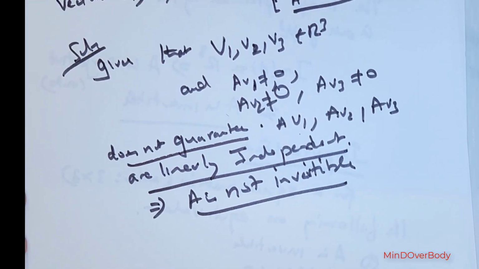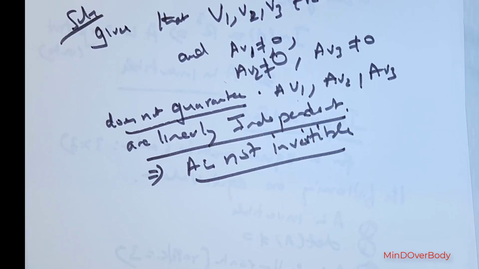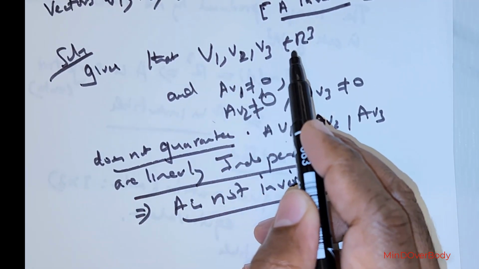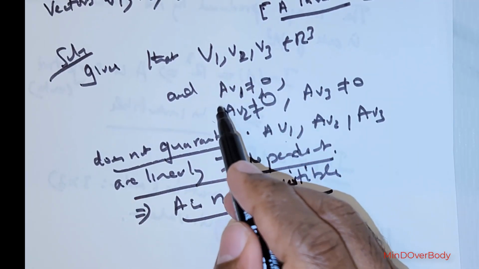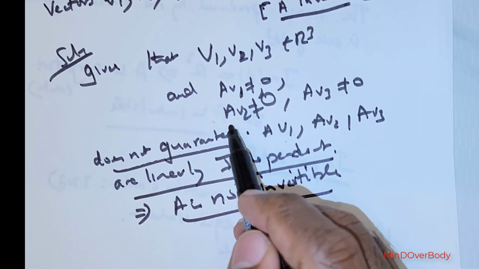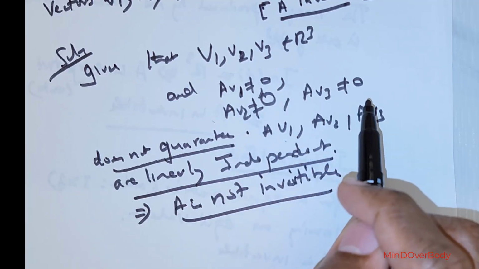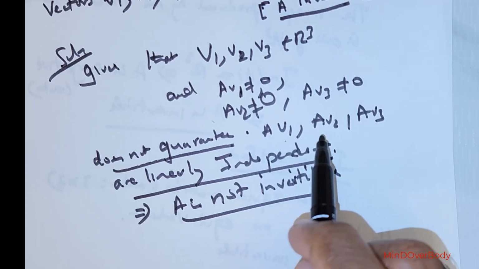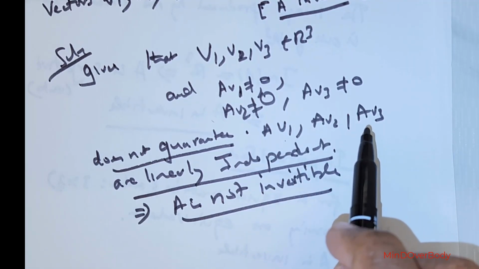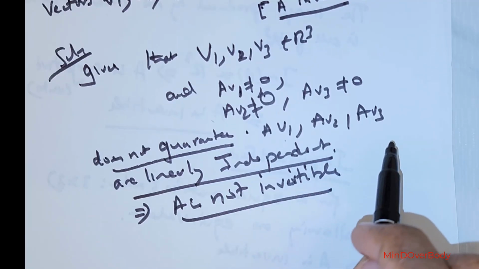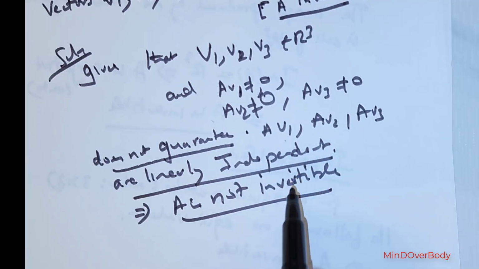Okay, so this is all important. Now I'm going to give you a small illustration to show that just because v1, v2, v3 are non-zero vectors, and the application of A onto v1, v2, v3 gives non-zero vectors, this does not guarantee the linear independence of Av1, Av2, Av3, and this is required for showing that A is invertible, but apparently this will fail.